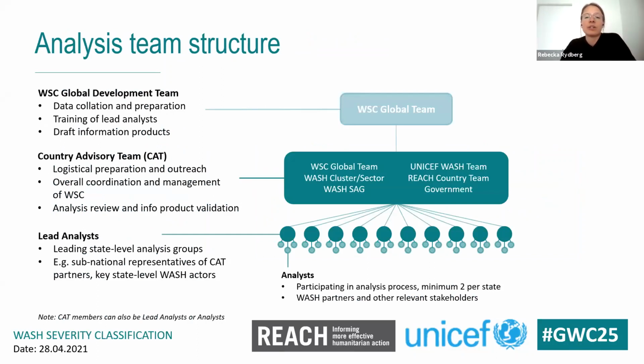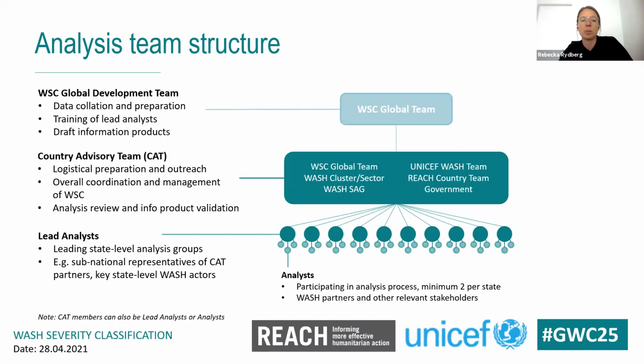In terms of the current analysis team structure, we have the global development team, as I just mentioned, who are leading on collating and preparing data for the analysis during the implementation, providing training of lead analysts in country and drafting of the information products. We then have the country advisory team, which consists of UNICEF and REACH country teams, government actors, WASH cluster, sector, and SAG.